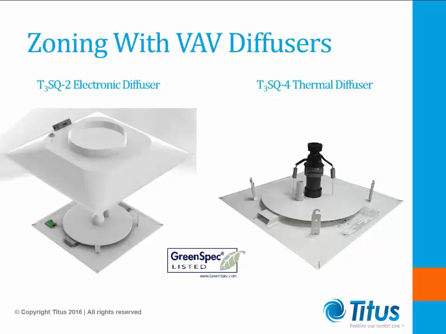Another way to zone a small section and break it down into even smaller zones is by the use of zoning with VAV diffusers. VAV diffusers are low pressure devices that allow for individual comfort or better thermal control in a space.